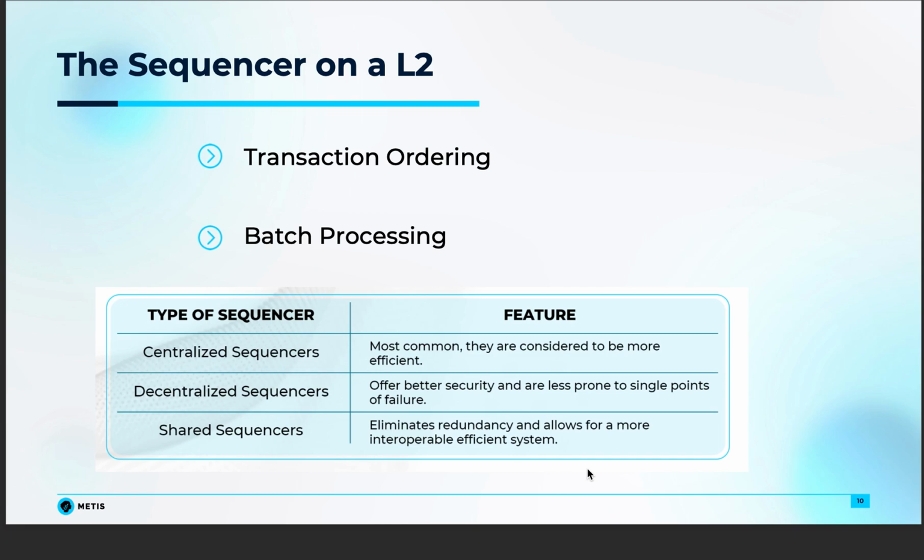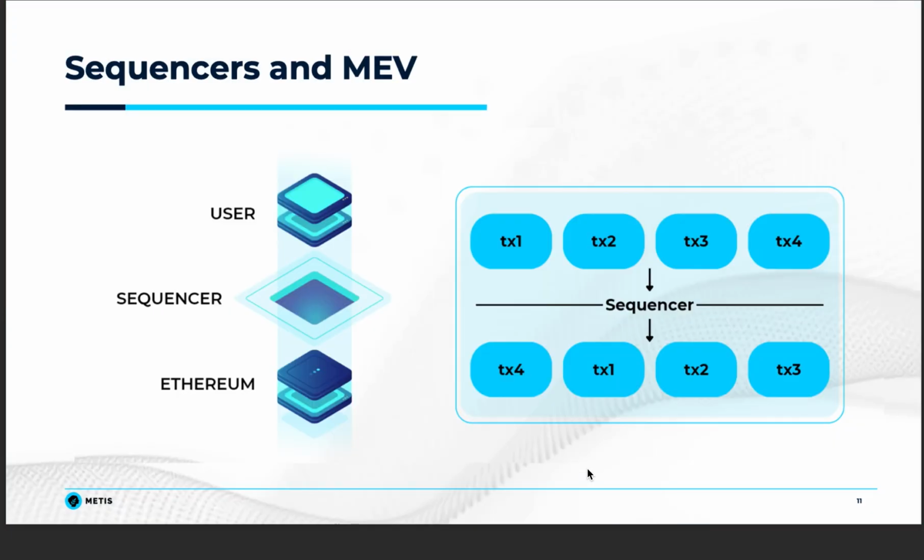In a shared sequencer, different layer 2 networks, like maybe Arbitrum and other layer 2 networks, all make use of a single sequencer or set of sequencers. So it is a shared sequencer, and shared sequencers eliminate redundancy. It allows for a more interoperable, efficient system.